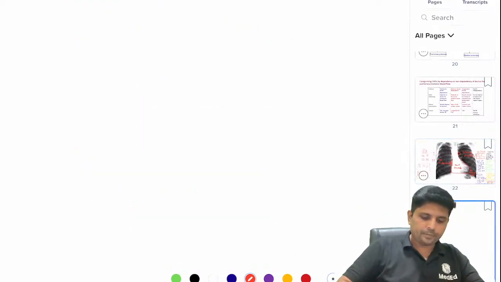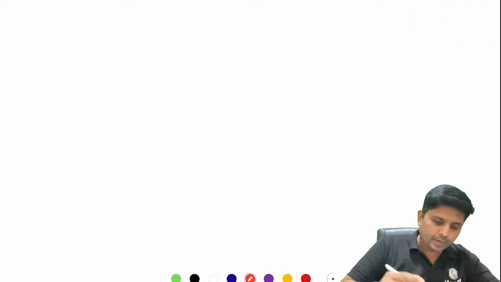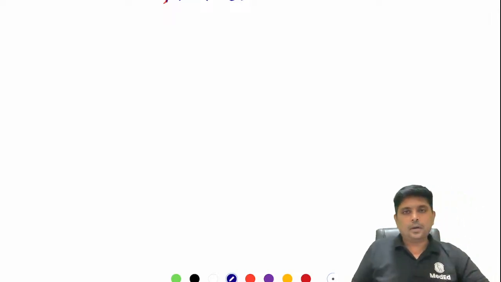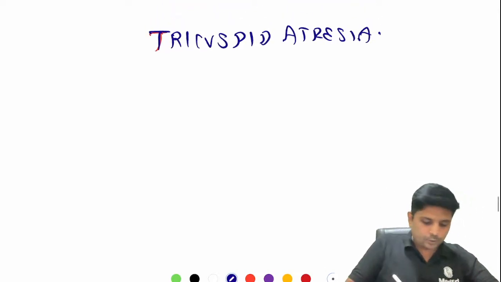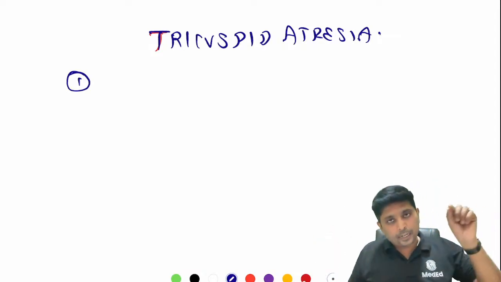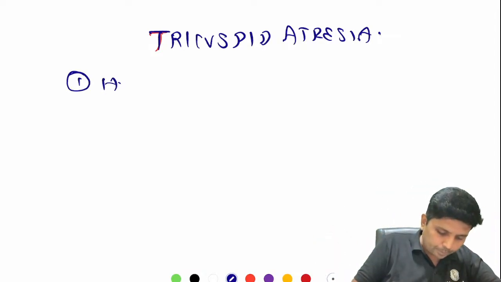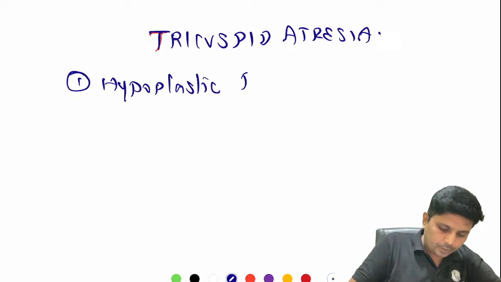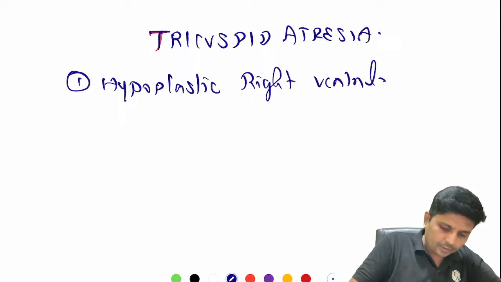What is this tricuspid atresia? Here the entire right ventricle undergoes hypoplasia. So, a hypoplastic right ventricle.